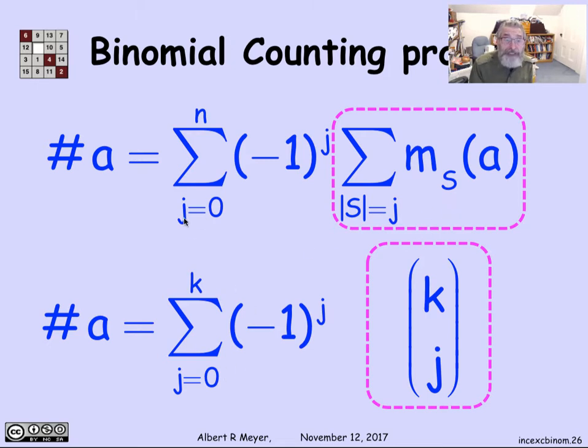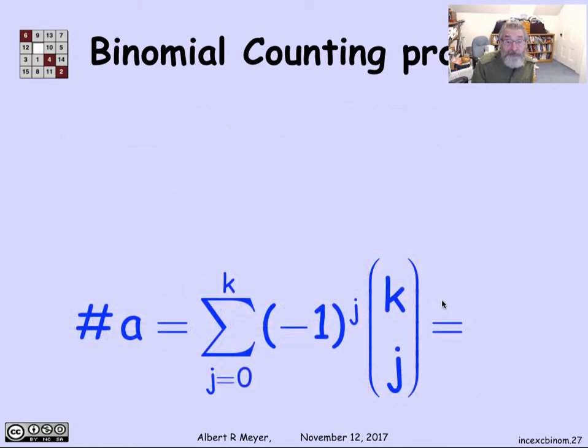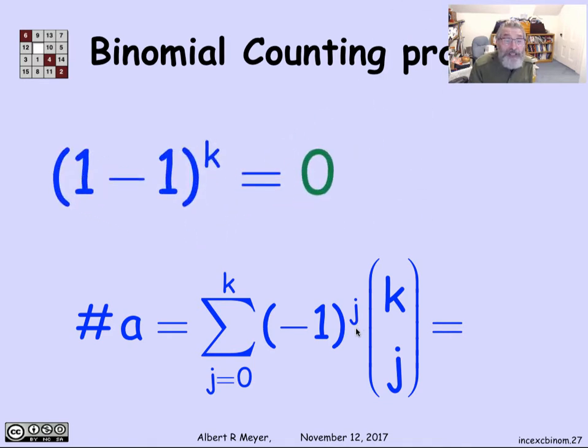So this sum becomes, instead of a sum from 0 to n, a sum from 0 to k of k choose j. But this ought to look like a familiar formula, because the sum of k choose j with -1 to the j as the exponent is exactly the binomial expansion of 1 minus 1 to the k.